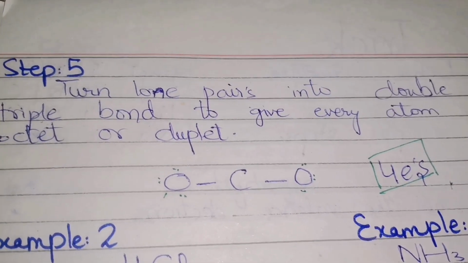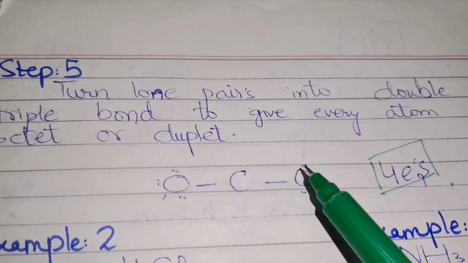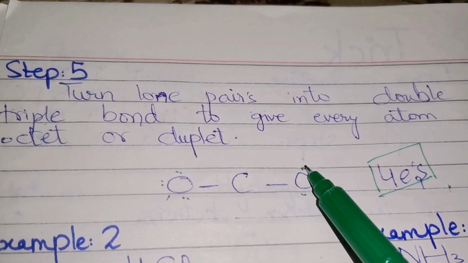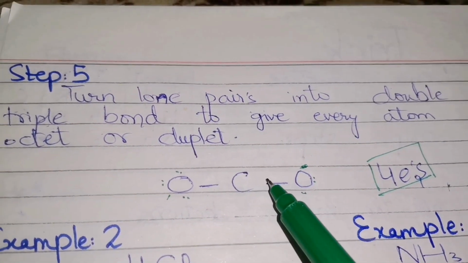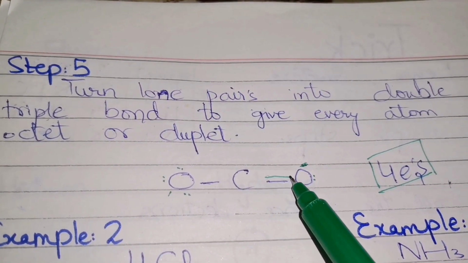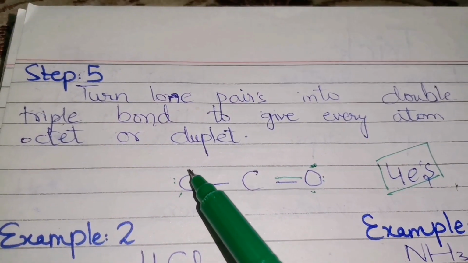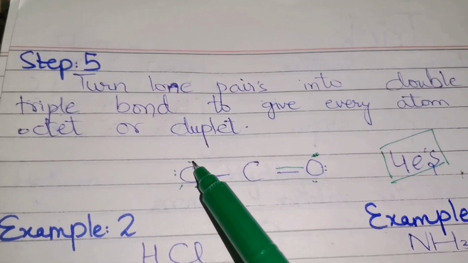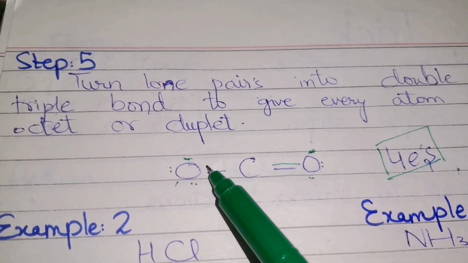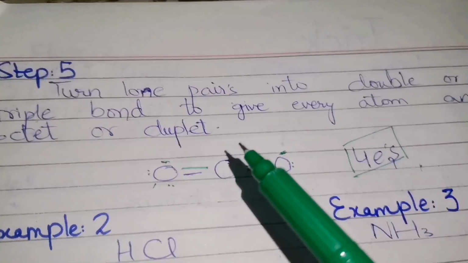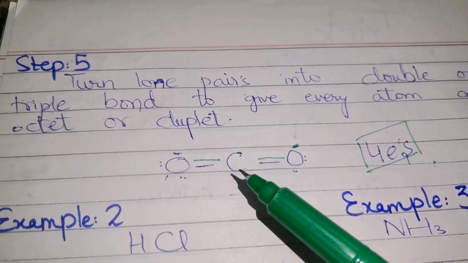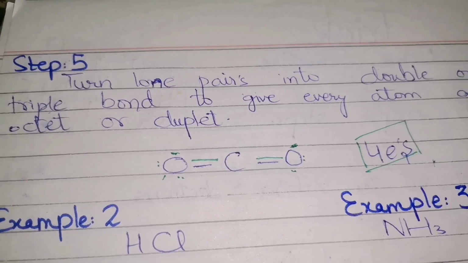Now we will remove these lone pairs from this oxygen and we will turn it into a double bond, and we will remove these lone pairs from this oxygen and we will turn this into a double bond. It is also having 8 electrons.